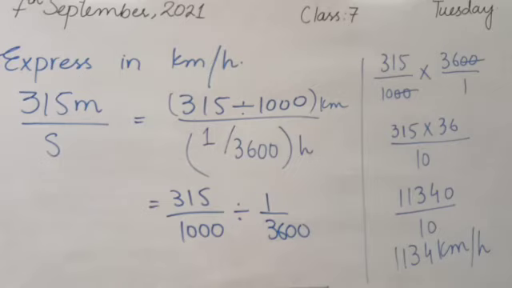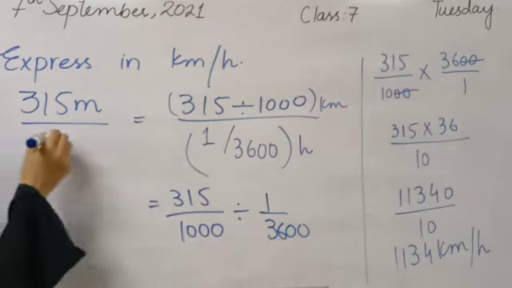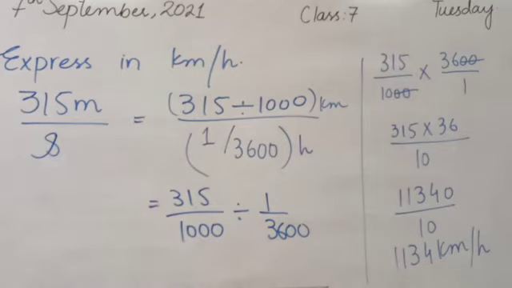See again. First of all, we convert meter into kilometer and second into hours. So we use conversion factors to convert them. The conversion factor for meter to kilometer is divide by 1000, and to convert second into hours, we divide it by 3600.